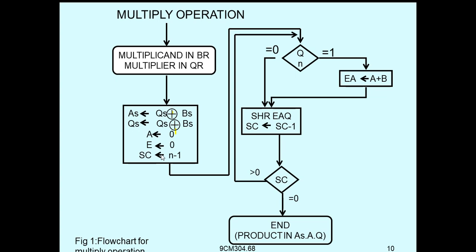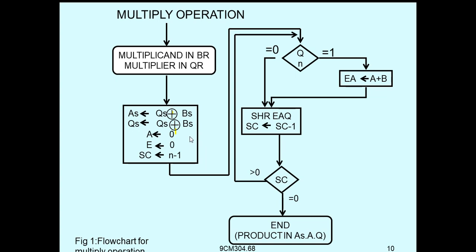So the multiplier holds the bits along with the sign bit. If the multiplier bits are 5, along with the sign, one bit is the sign bit, and the remaining bits are the magnitude bits. So for that purpose, SC should be set to n minus 1. I think you understand it.